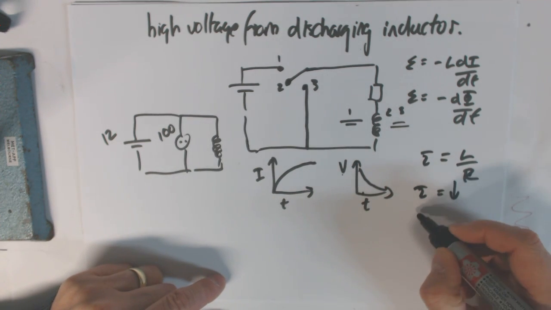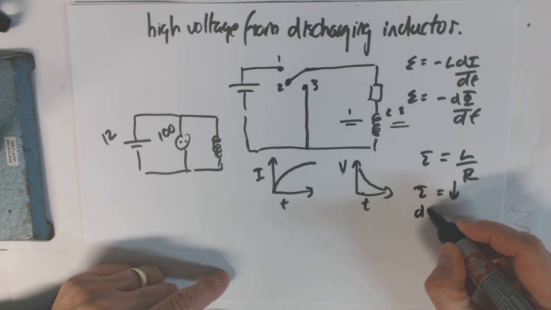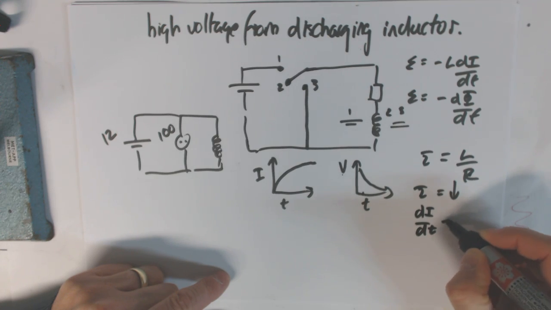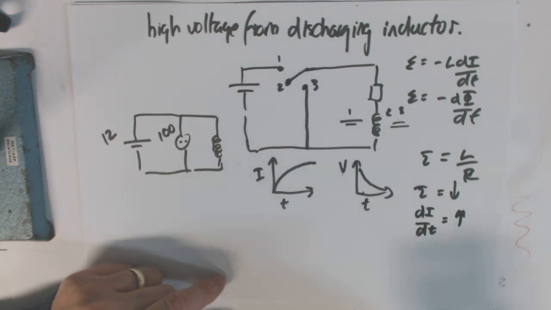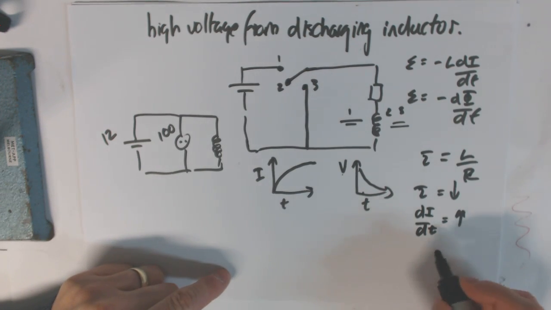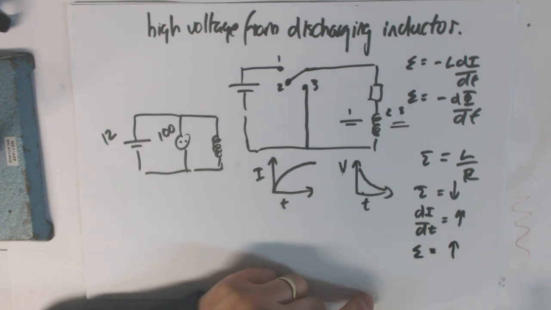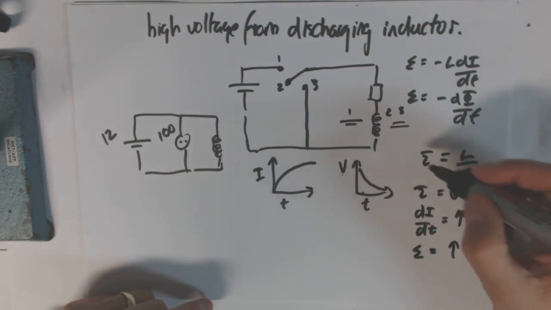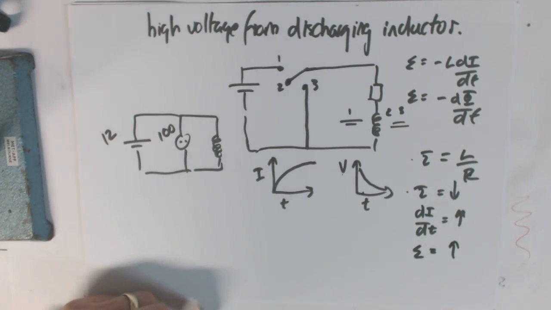If that happens, then di/dt increases. It's negative, but its magnitude increases. If di/dt increases, then epsilon, or the EMF, sorry, increases, and that's the voltage. So this is the sequence of events that produces that bigger voltage.